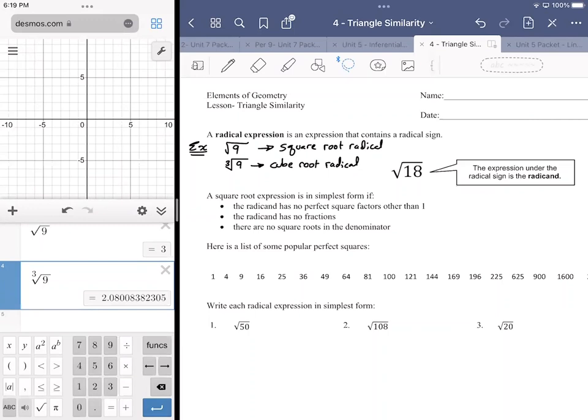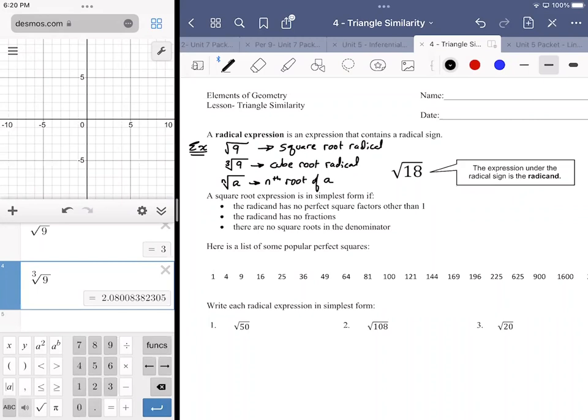So you could have any number under the radical. I can never make a small radical. Okay, I just proved myself wrong. You could have any number, I'll call it A. This would be read as the nth root of A. So you could take any root you want.